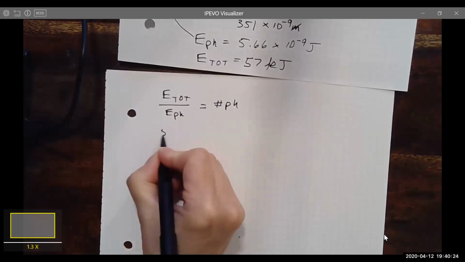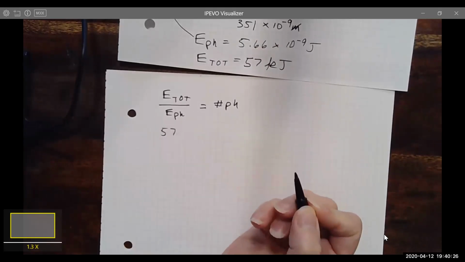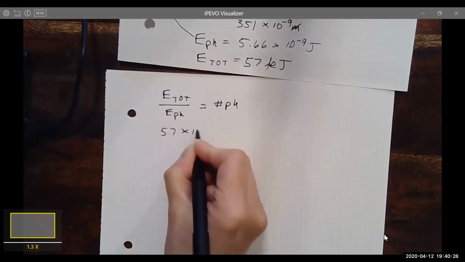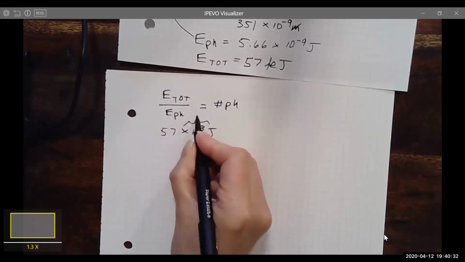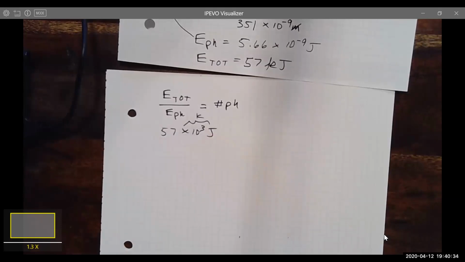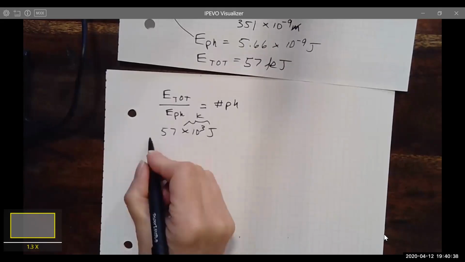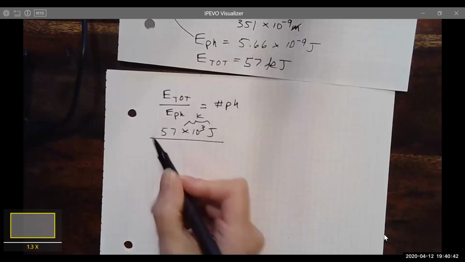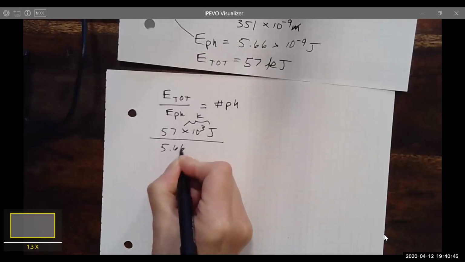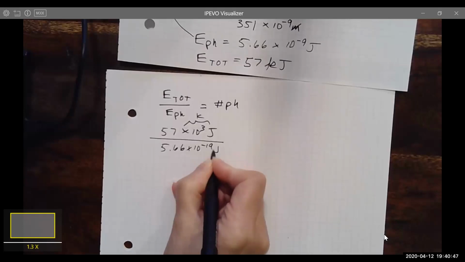So I'm going to write 57, instead of writing the K, I'm going to write times 10 to the third joules. So this is my kilo, because remember we memorized that that's what kilo is, 10 to the third. And I'm going to divide that by my energy of the photon up here, 5.66 times 10 to the minus 19 joules.